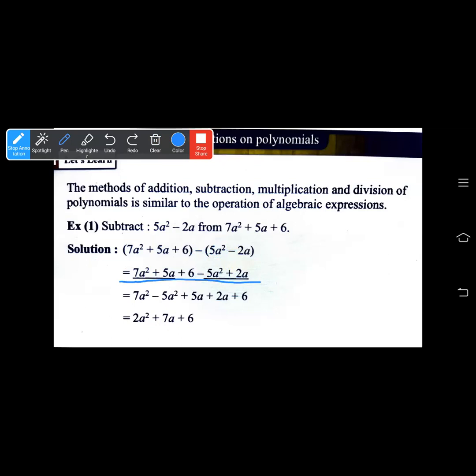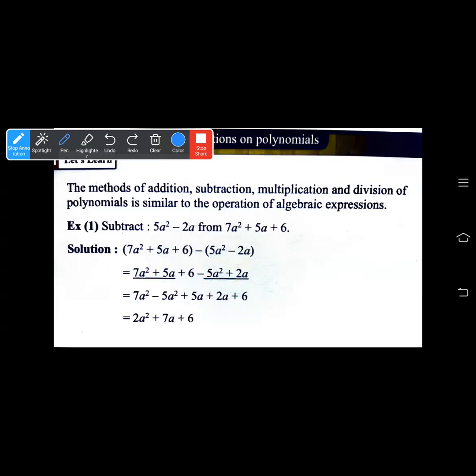Now you have to check the like terms. Which are the like terms over here? 7a square and minus 5a square. They should be written together. Plus 5a and plus 2a are like terms; they should be written together along with the sign. Plus 6 is left alone.